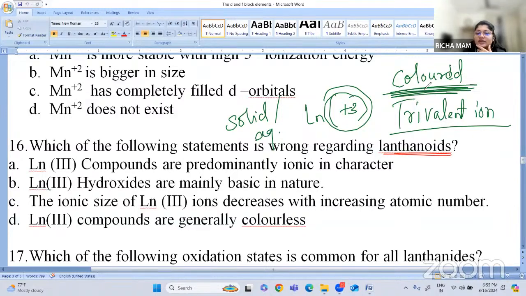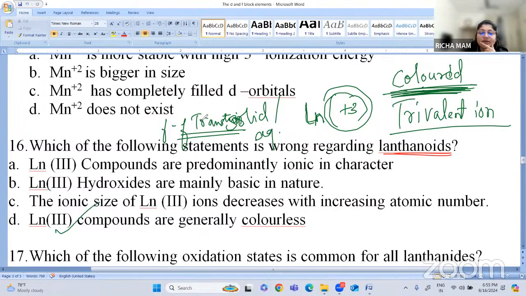Why will the colors of the ions exist? Because they will absorb the radiation, the light from the visible region, and they will undergo f-f transition. Because of the f-f transition, the lanthanoids have partially filled f orbitals.